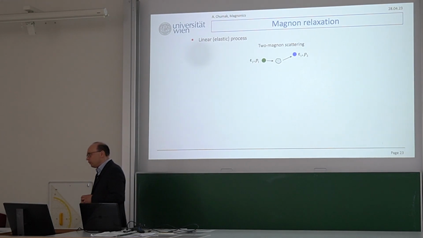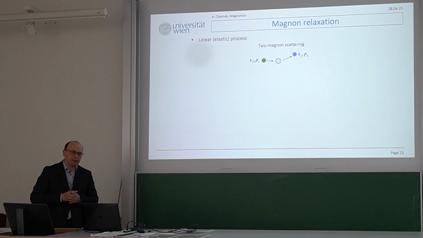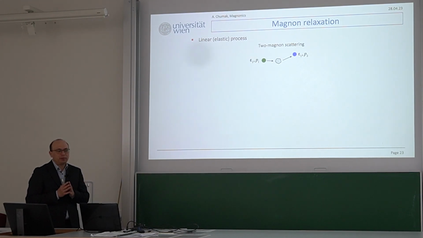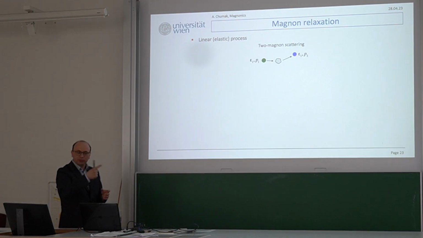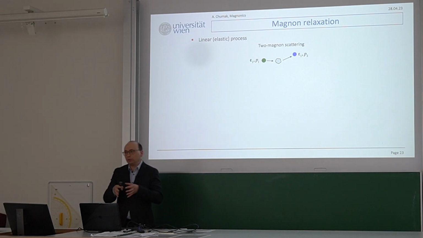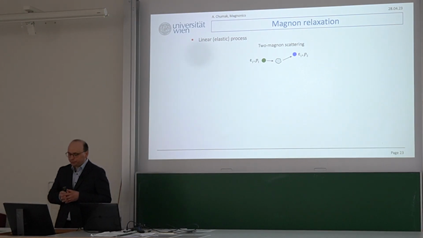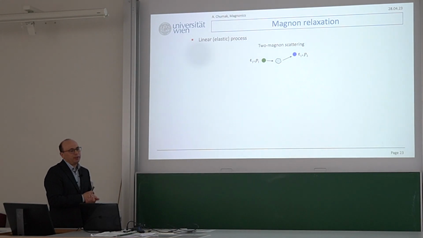Even in high quality yttrium iron garnet samples, a very rough estimation tells you that half of the energy losses, so if you excite some magnon of uniform precession, half of the energy goes to other magnons, and half goes directly to phonons. Then, of course, from these magnons, it also goes to phonons after some time. But just as a rough estimation, the two-magnon scattering is very important.